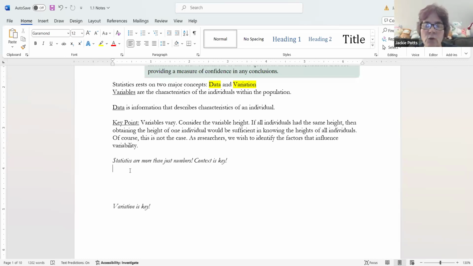I said, you may tell the story one way and I may tell it a slightly different way, but it's how I take the context. Context is key. How are we applying this information?